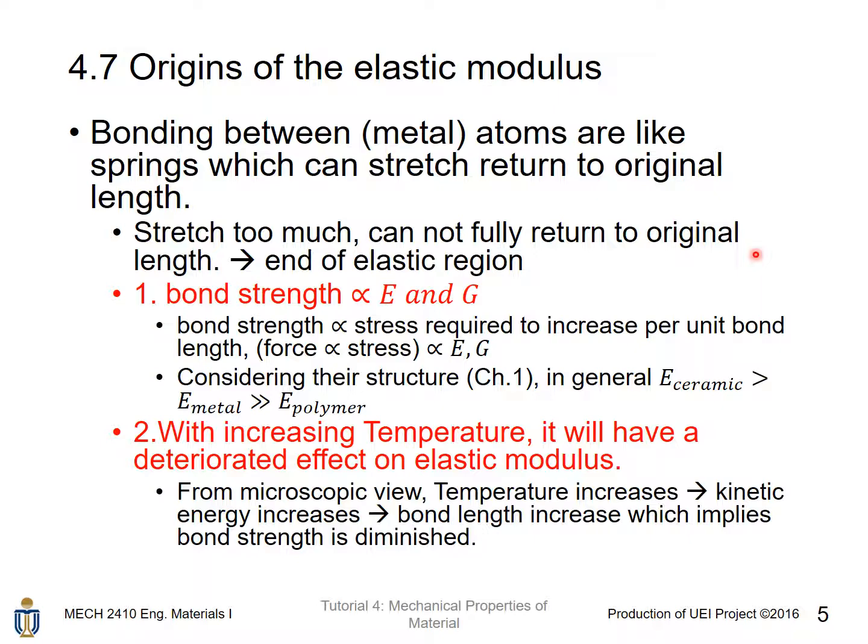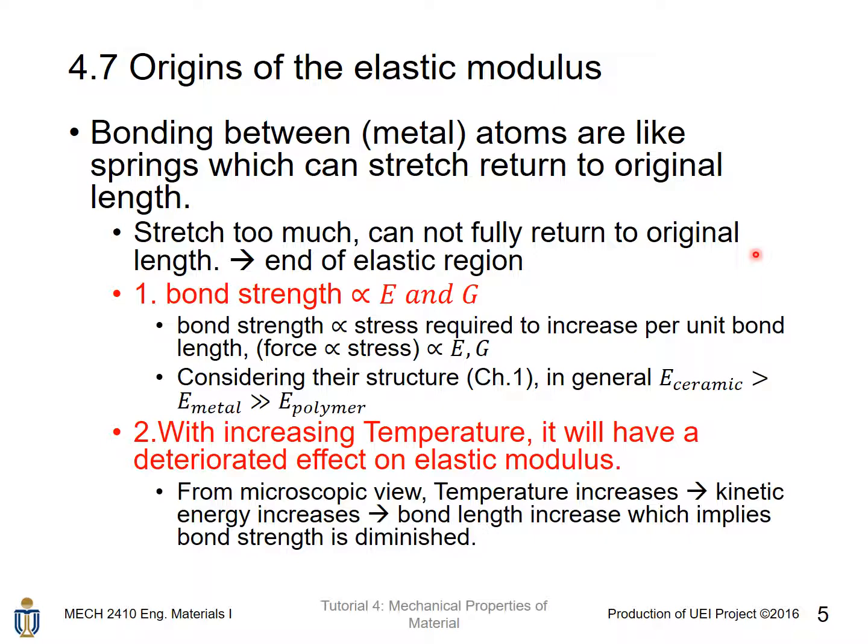First, bond strength is directly proportional to the elastic modulus and the shear modulus, E and G. This is because bond strength is directly proportional to the force required to increase per unit bond length, and as force is proportional to stress, that means stress will be proportional to E and G.